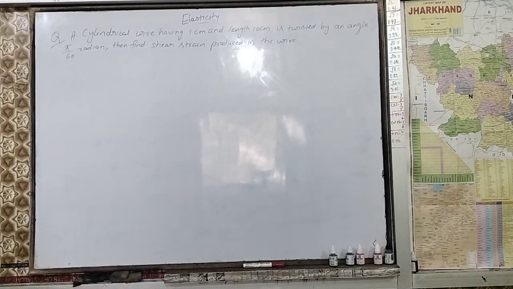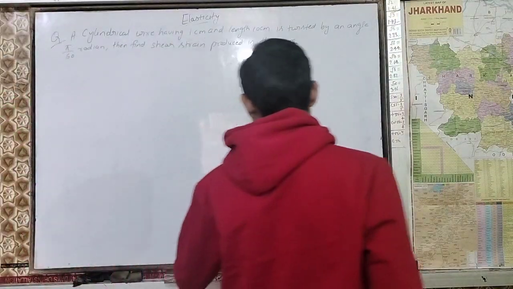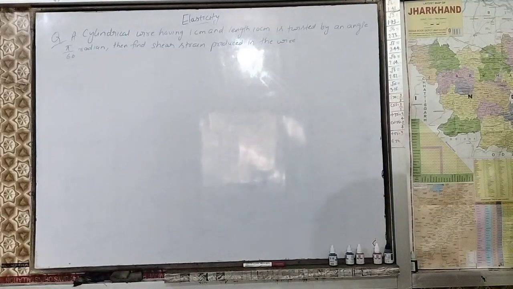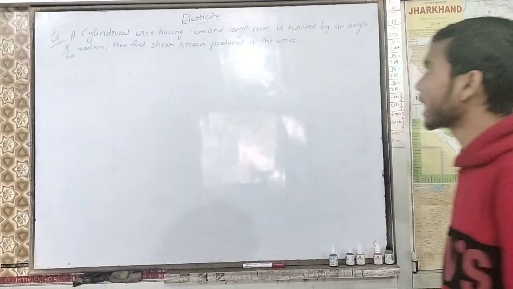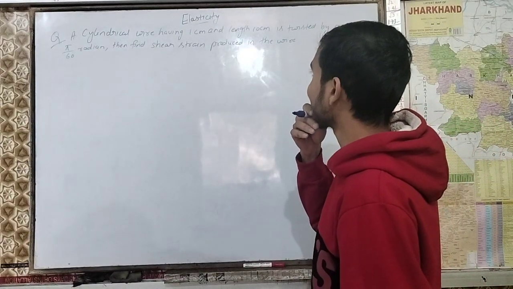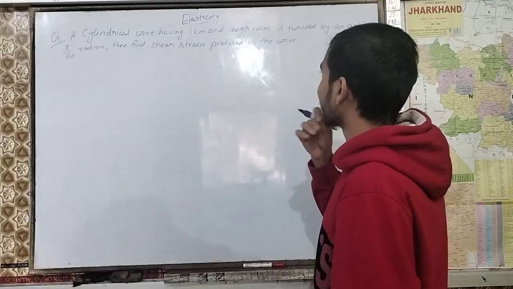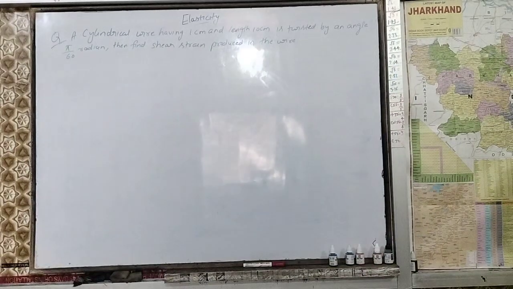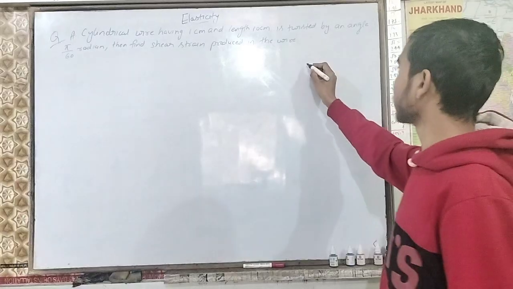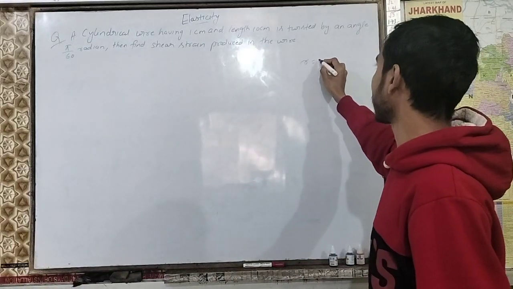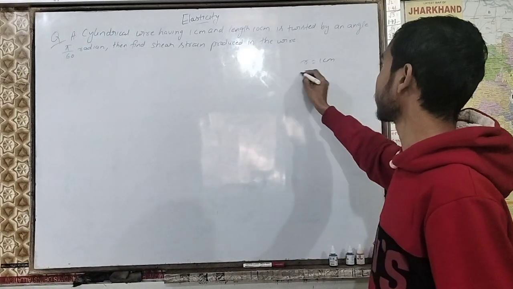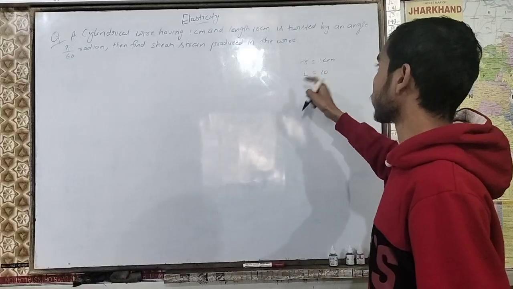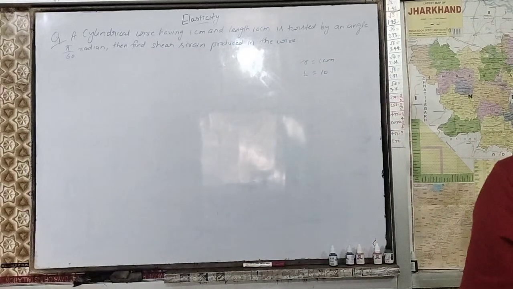After solving this question, we will move on to Hooke's law. It is saying there is a cylindrical wire having 1 centimeter and a length. I think 1 centimeter should be the radius, so r is equal to 1 centimeter, and the length of the cylindrical wire is 10 centimeter.